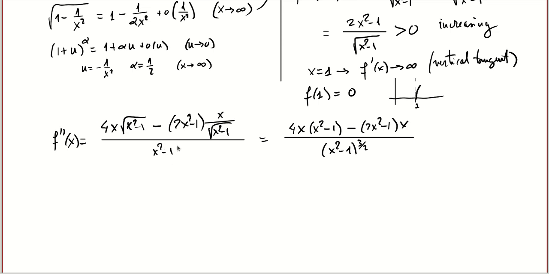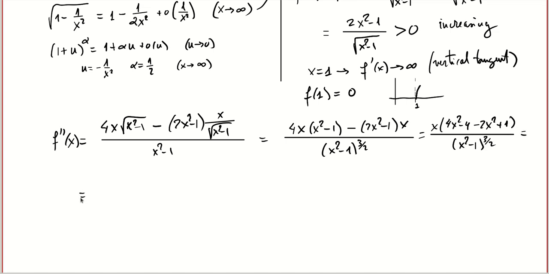Okay, the exponent of this is 1, the exponent of this is 1 half. So the sum of the exponents is 3 halves. There is an x common factor here. Okay, so we have x multiplying 4x squared minus 4 minus 2x squared plus 1. Okay, and then x squared minus 1 to the 3 halves.